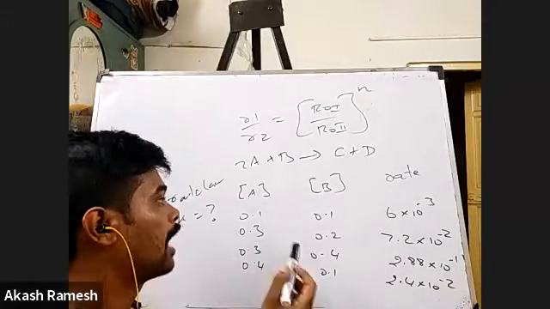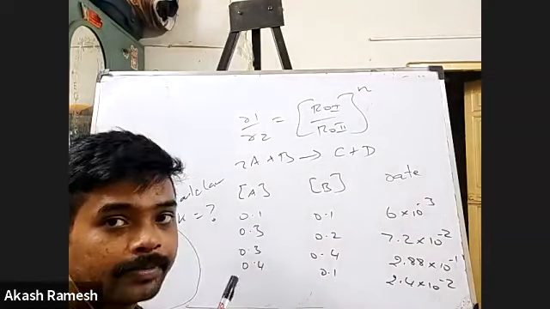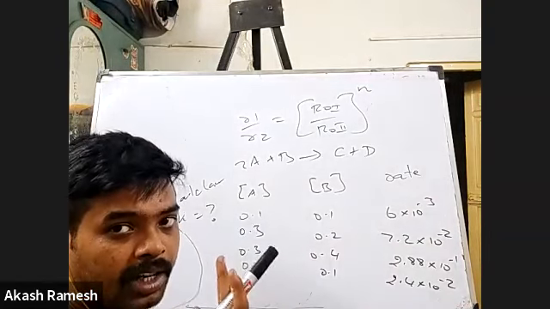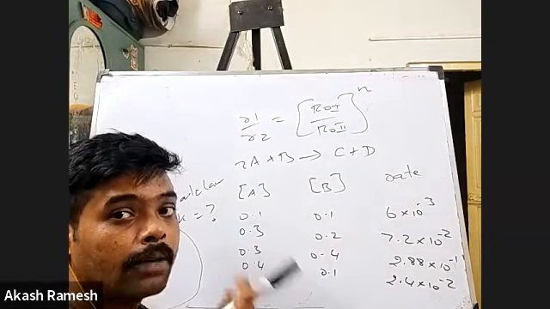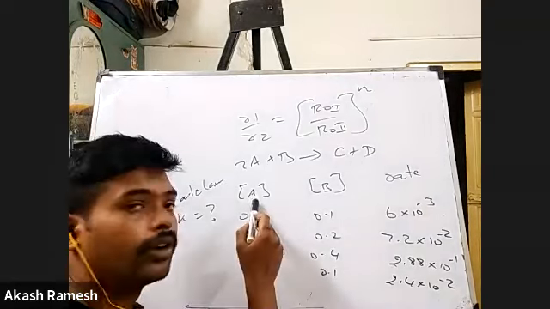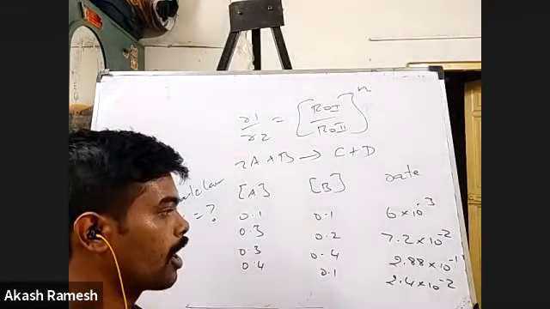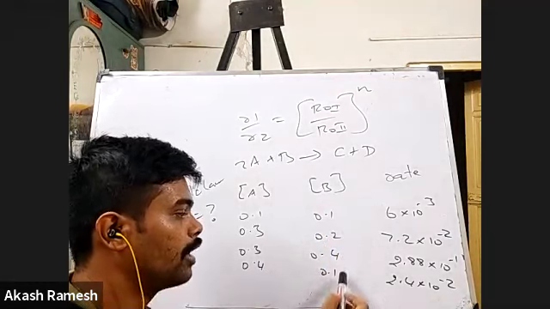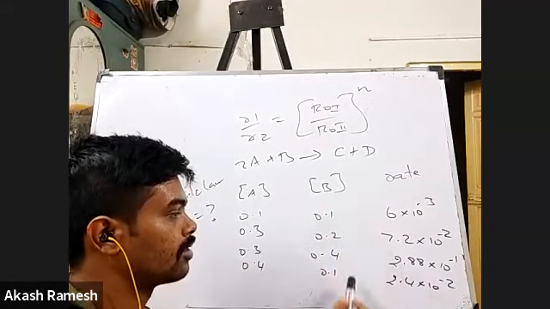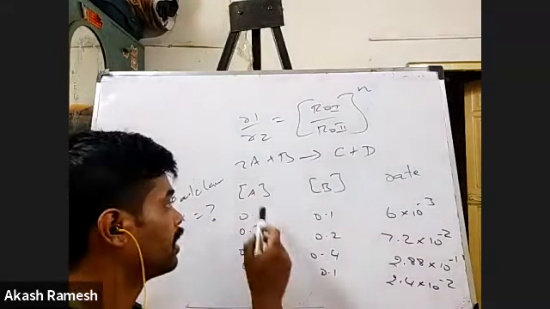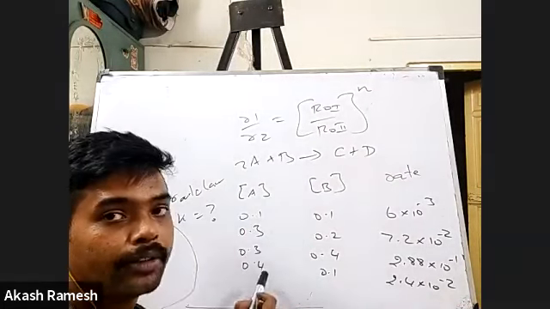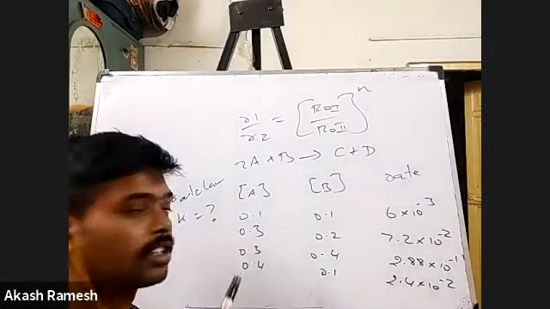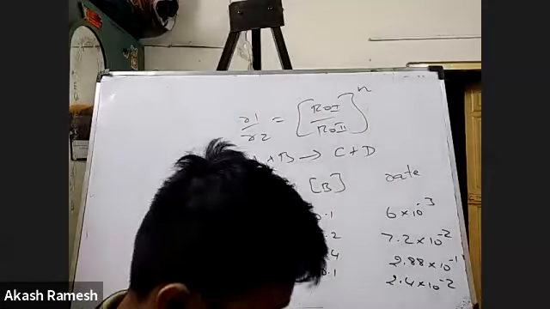Same way, if I have to find the order with respect to A, I have to take two rows at a time, and make sure that B is constant now because I'm finding it for A. B is constant in the first value and fourth value, 0.1 and 0.1, but the concentration of A is varying, 0.1 and 0.4. So I'll be able to find the order with respect to A. Do this.